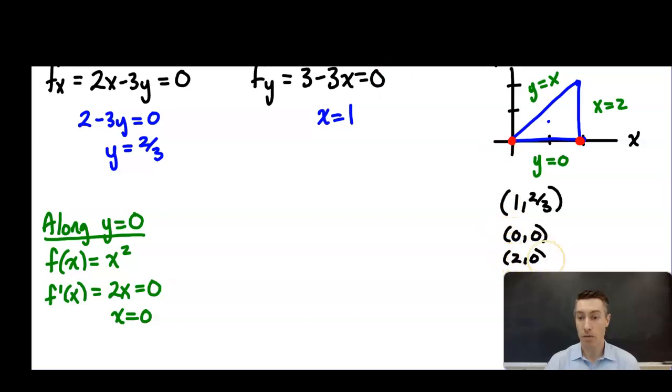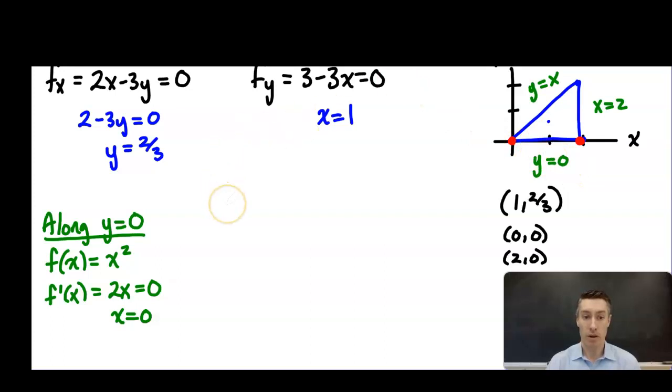So (2, 0) gets added to our list. Okay, so we tried to find any extrema along y equals 0. We found one, but it happened to be the endpoint. So really, we're not including it because of our work. We're including it because it's an endpoint. And then we also include the other endpoint, which is (2, 0).